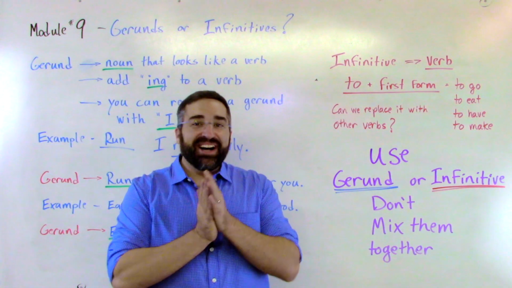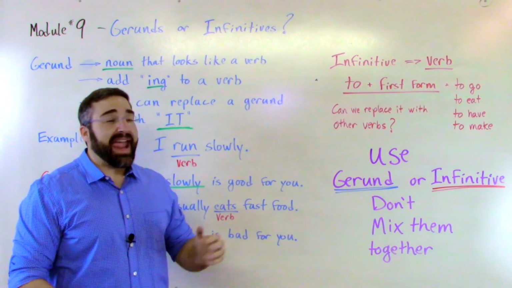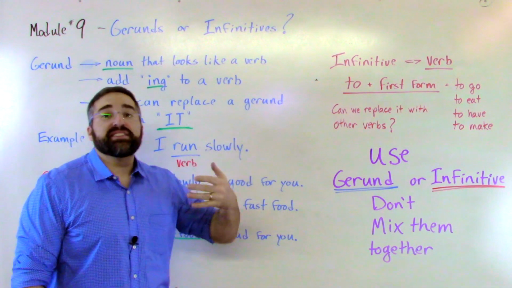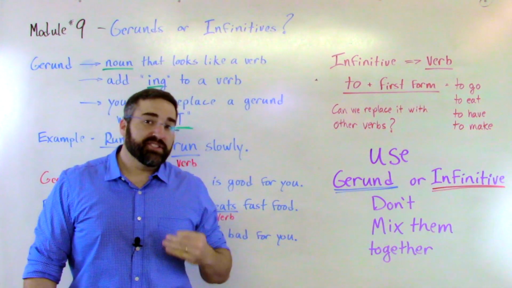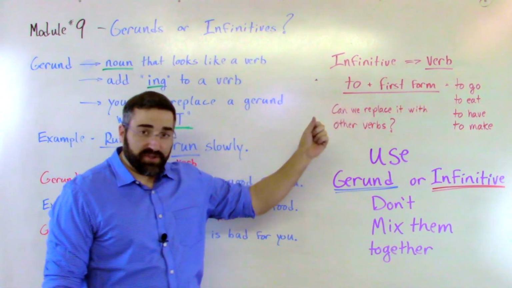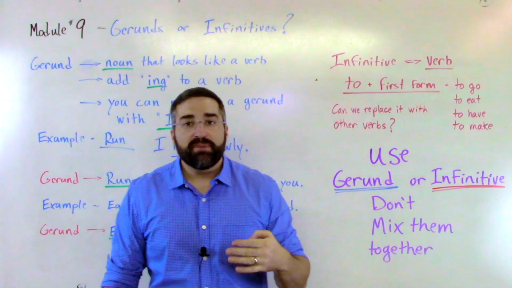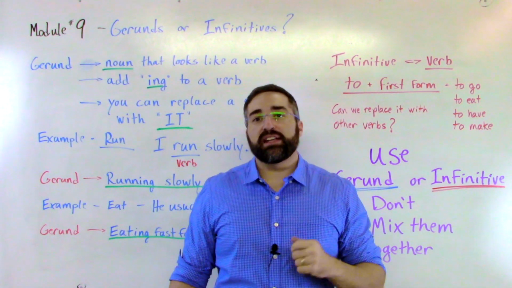Okay, so let's look at infinitives now. And the infinitive form is a verb, okay? It stays a verb. It becomes more of a verb when we add to, okay? So it's to plus the first form. The first form is the word that you're going to find in the dictionary.